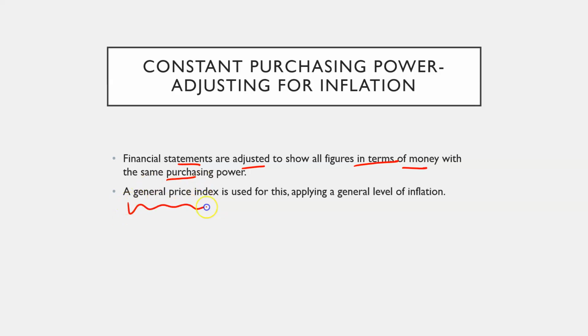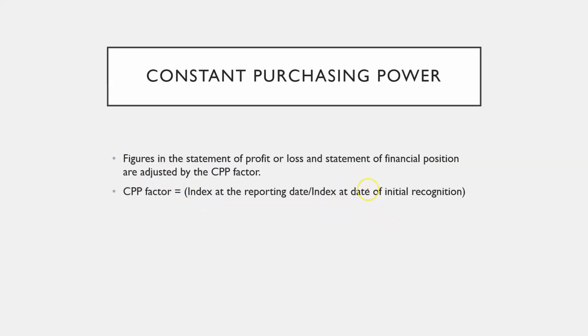A general price index is used, applying a general level of inflation. Figures in the statement of profit or loss and statement of financial position are adjusted by the CPP, the constant purchasing power factor, the index that we intend on using.